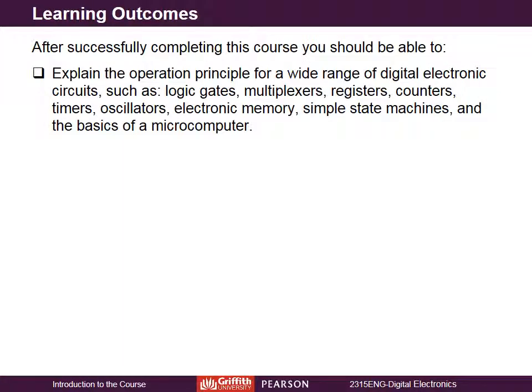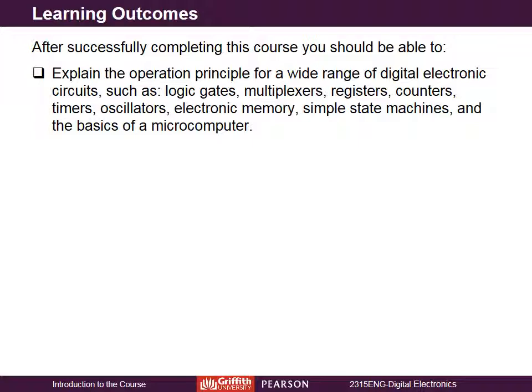Now I would like to introduce the learning outcomes in this course. In total we have 4 learning outcomes. After you complete this course, you should be able to, for the first one, explain the operation principle, that is the working principle, for a wide range of digital electronic circuits.